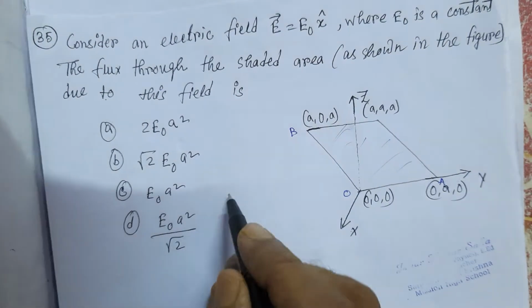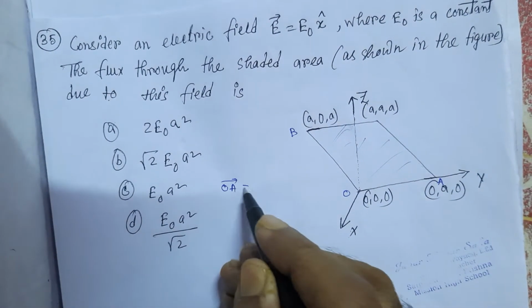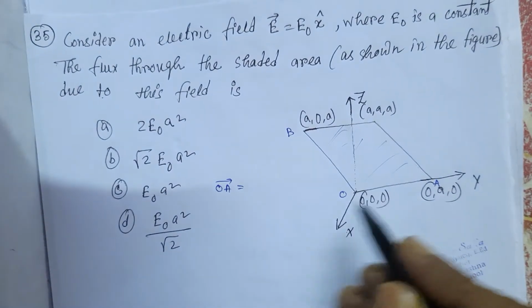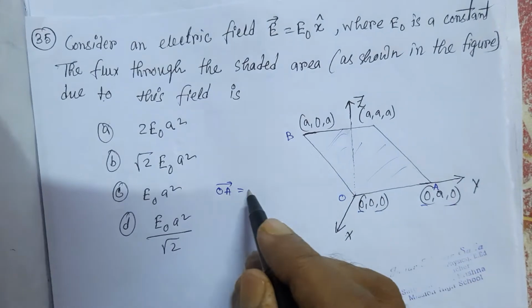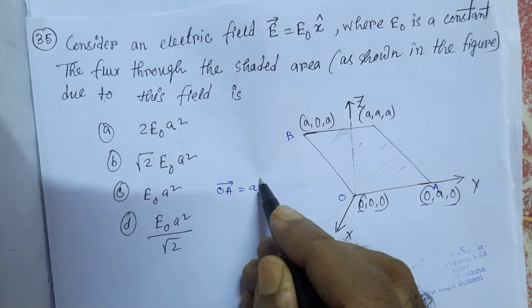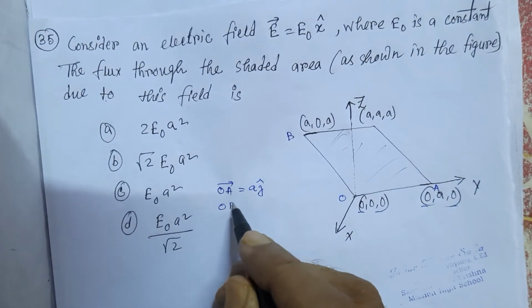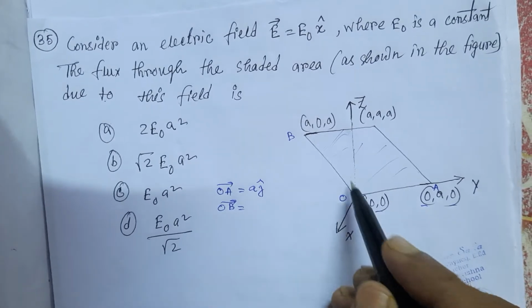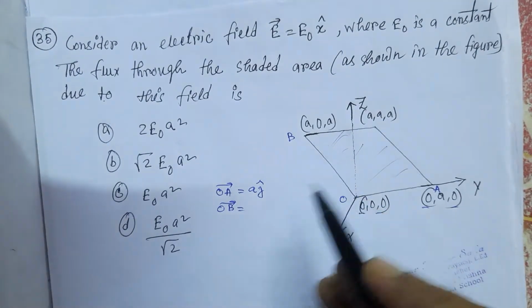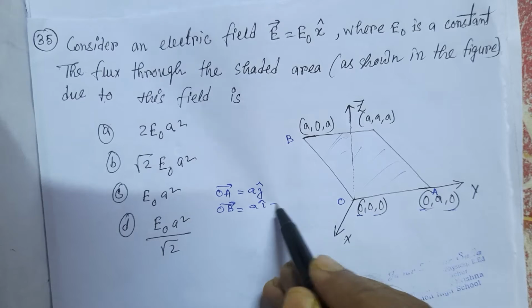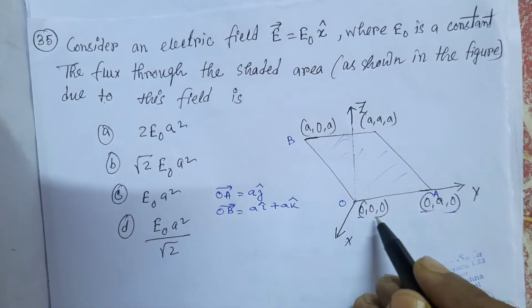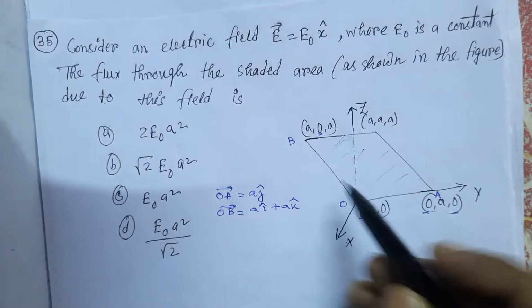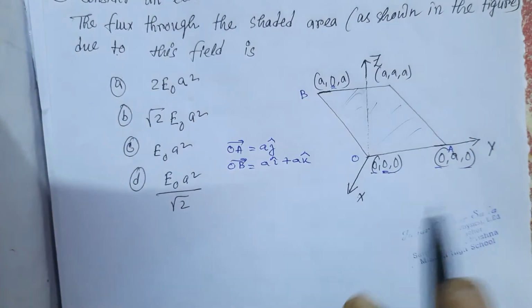So the vector OA equals to what? A J, because x and z coordinates are 0 for the 2 points. So this is A into J. And OB vector equals to what? Here OB vector is A I plus A K, because y component is 0 in both the cases, for both the coordinates.